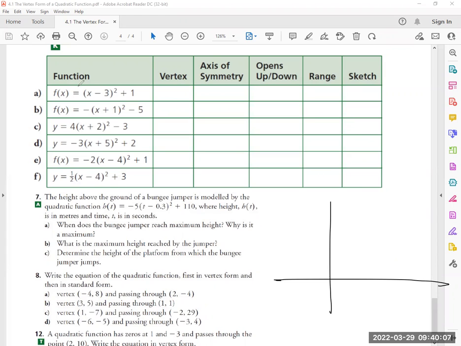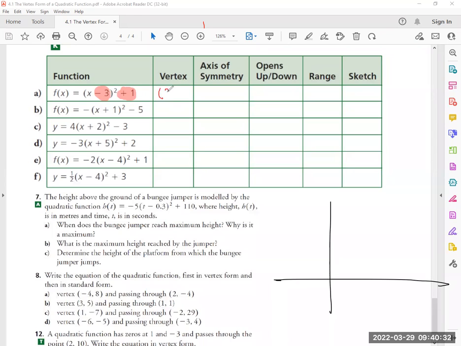The function is f(x) = (x − 3)² + 1. What's the vertex? I will do this one for you. These two numbers tell me what the vertex is. You can't really see that, so let me do that in red. These two numbers are so important for the vertex.